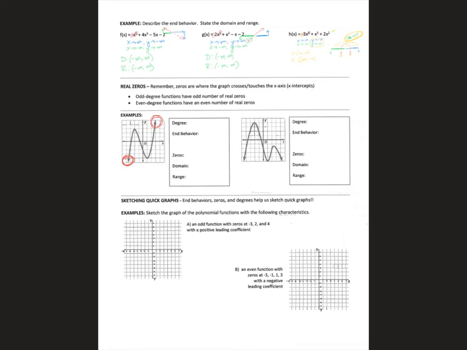Remember, if I were to draw a line like a linear function, this line right here in red is a positively sloped line, right? So I know that the right end goes up, the left end goes down. I know this is an odd degree function that has a positive leading coefficient.